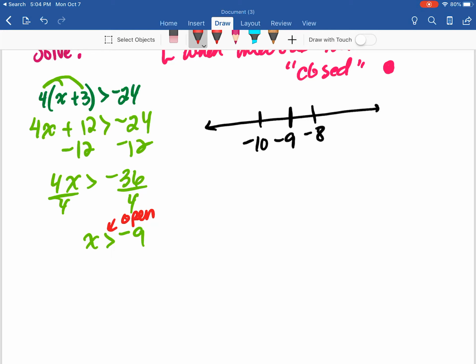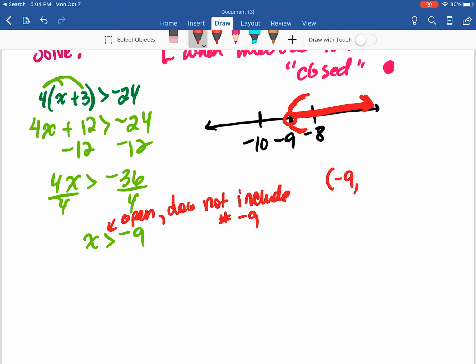It does not include the number negative 9. So this is going to be open at negative 9, and we're going to the right because our symbol is going to the right. That's going to be parentheses. So the interval notation is going to be from negative 9 to, and in this direction is positive infinity.